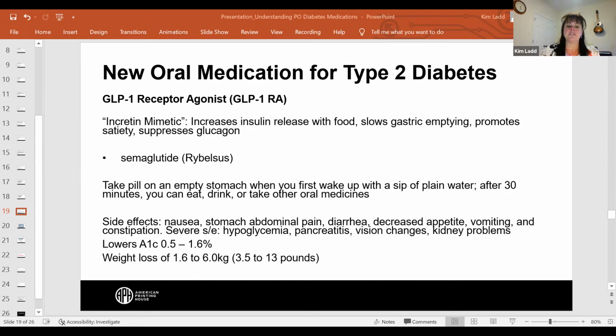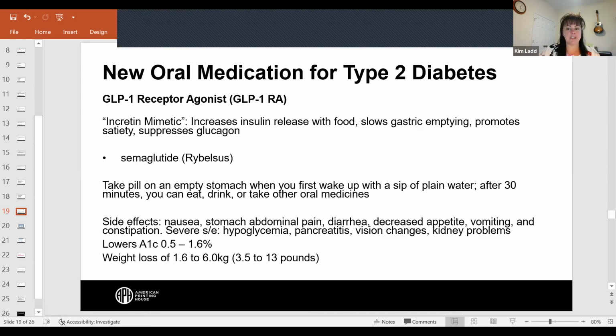The benefit of Rybelsus is it tends to lower your A1C by 0.5 to 1.6%, and you also get weight loss out of this. People have lost between 3.5 to 13 pounds while on Rybelsus. So, like I said, this is the newest one that I know of that has come out in the past few years.